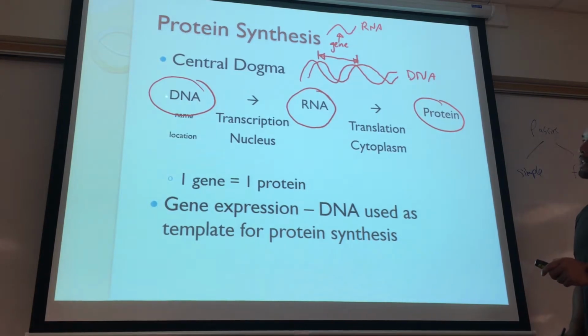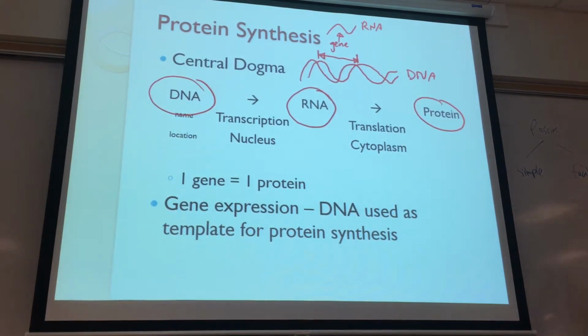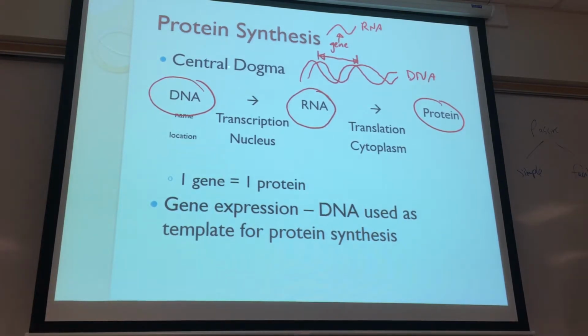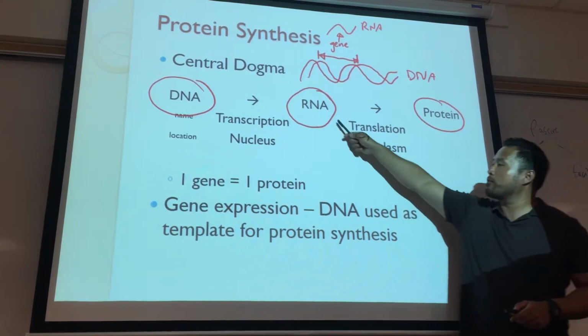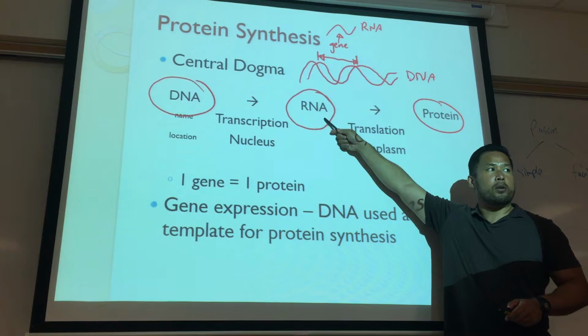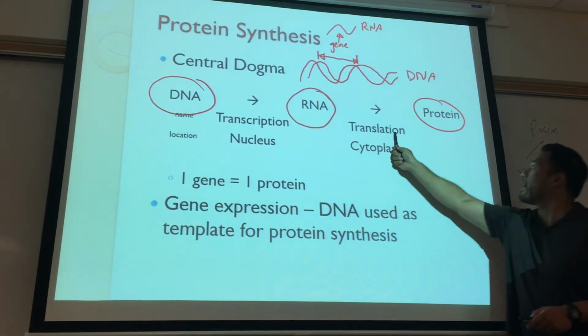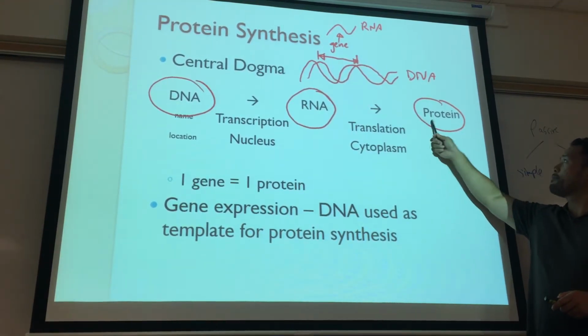You're going to transcribe that DNA into RNA, and all of that takes place in the nucleus. Then when we go from the RNA to the protein, this takes place in the cytoplasm, outside of the nucleus. From RNA, we have our nucleic acids, and we're going to translate that into amino acids that are going to form a protein.